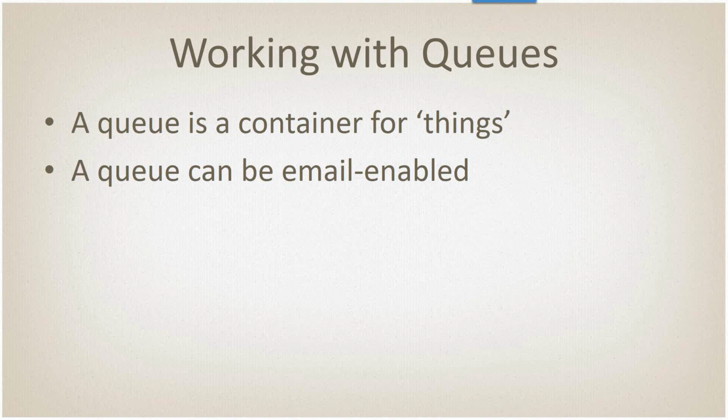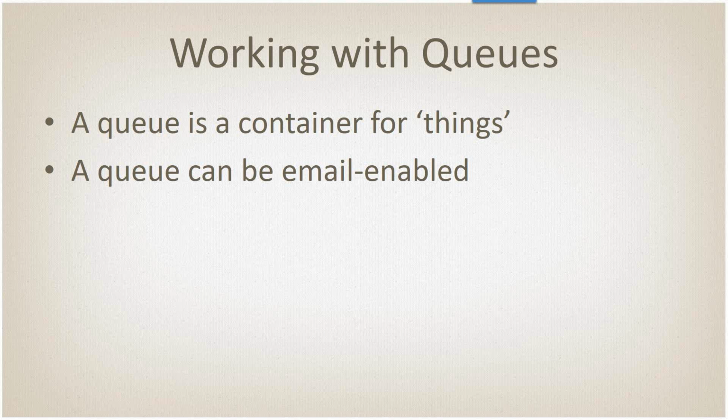Okay, so let's start off with queues. Queues are merely containers for things, or buckets. A queue can be email enabled. Queues can contain everything from cases, which we're going to talk about today, to activities, to anything else that you specify that you'd like to put into a queue.